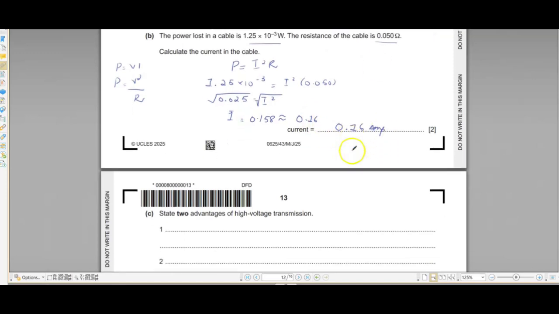Okay. Moving forward to part C, state two advantages of high voltage transmission. Obviously, if we are transmitting at a high voltage, the power loss is going to be reduced.